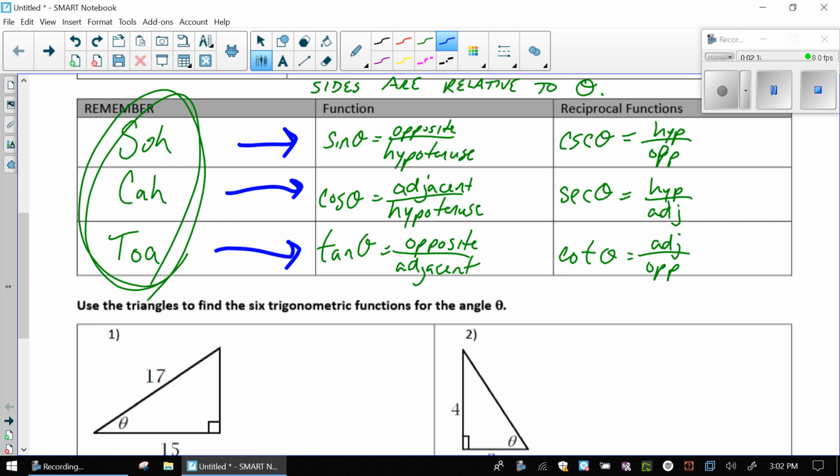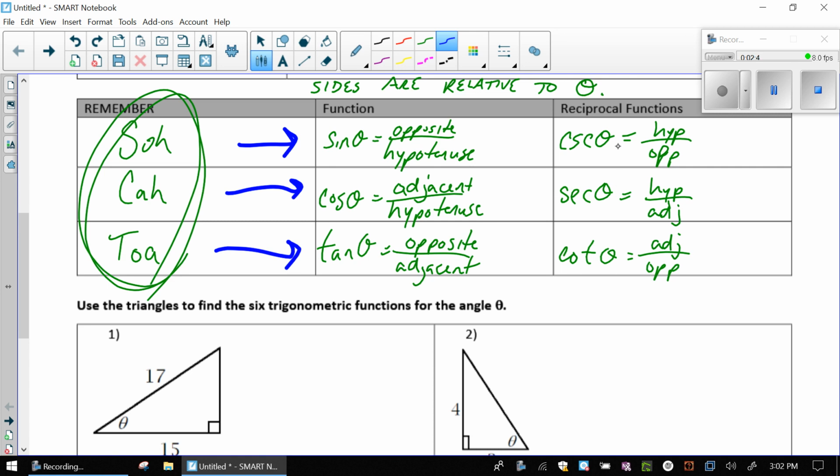Now we also introduced the reciprocal functions, and these simply are the reciprocals of sine, cosine, tangent. So the reciprocal of sine is called cosecant. Okay, remember, each of these reciprocal pairs have one with a co in it. Sine, cosecant. Cosine, secant. There's our co. Tangent, cotangent.